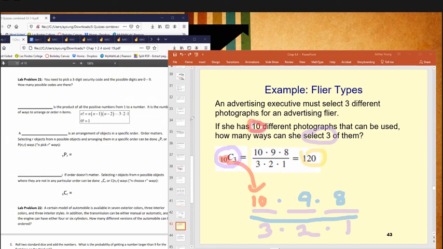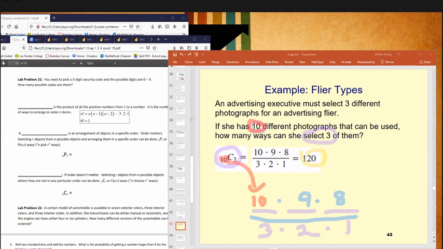For the sake of this class, is there a way you can tell us when order matters? Yes, when they are assigned a specific job, a position. Right? If I did the flyers and I said, I'm picking 3 different photographs, they're all going to go in specific spots, then all of a sudden, order matters.